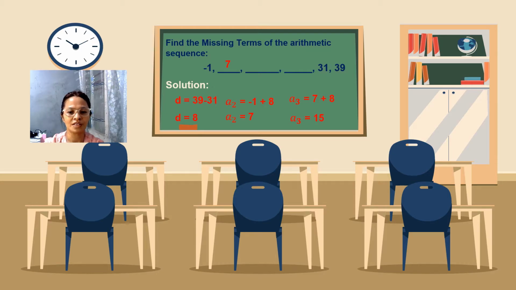The third term is 15. What do you think is the fourth term? 15 plus 8 is 23, the fourth term. So the missing terms are 7, 15, 23.